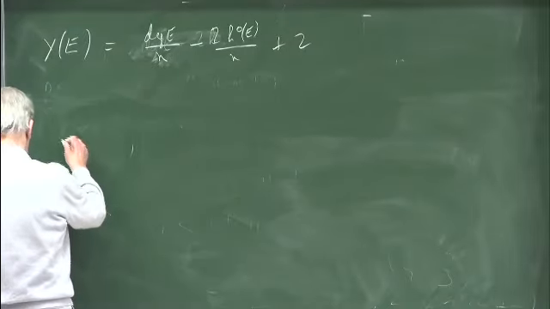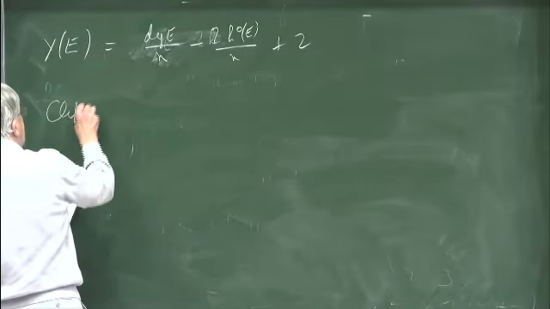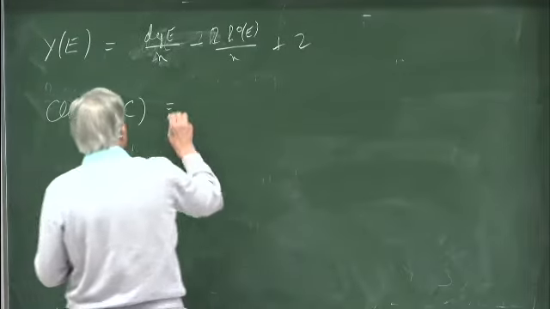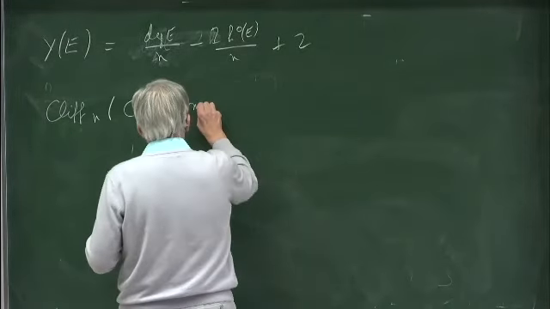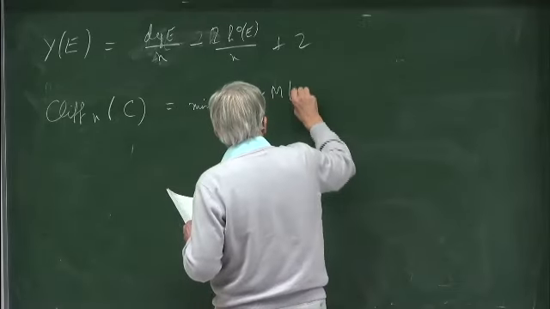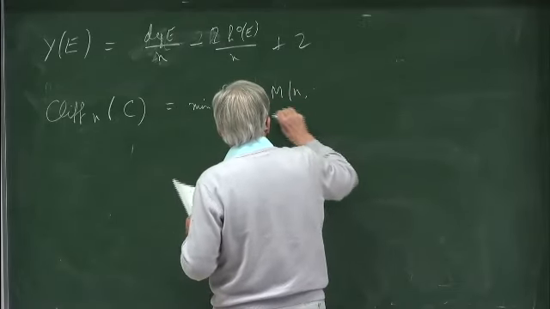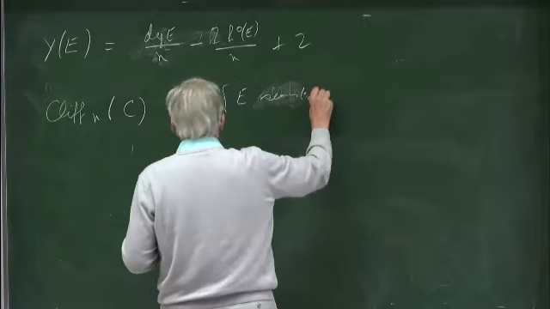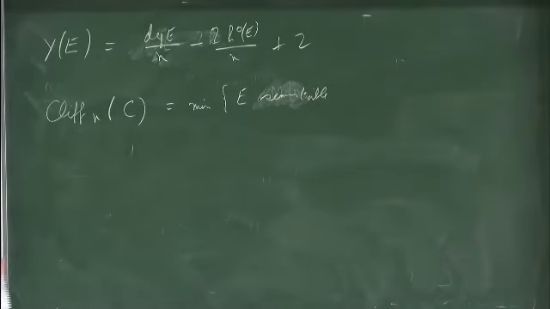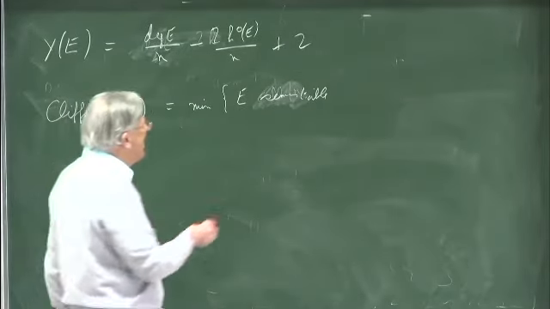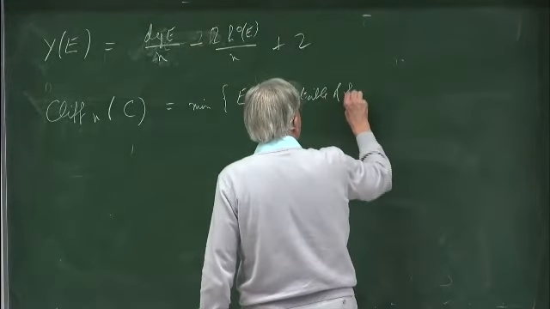And then we define Cliff_n of C to be the minimum for E in M, not in M_{n,d}. So for E semi-stable... Minimum for E semi-stable of rank n, degree d.